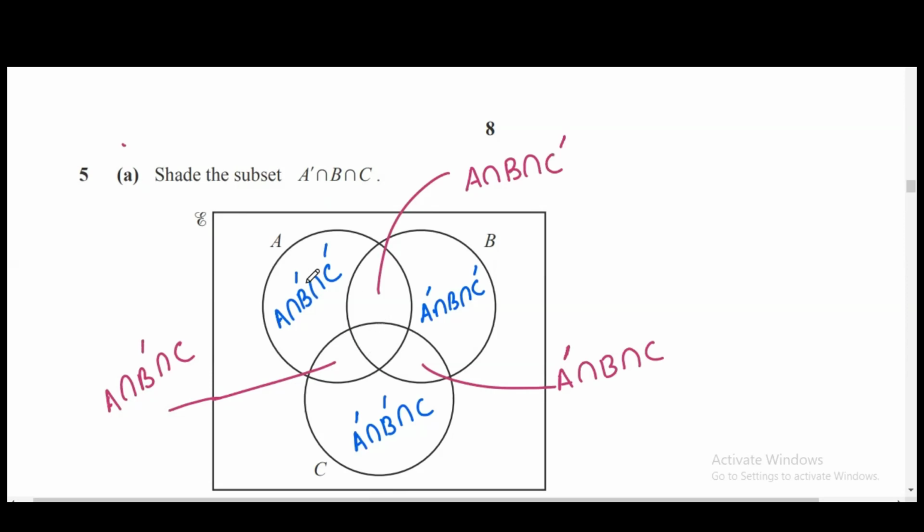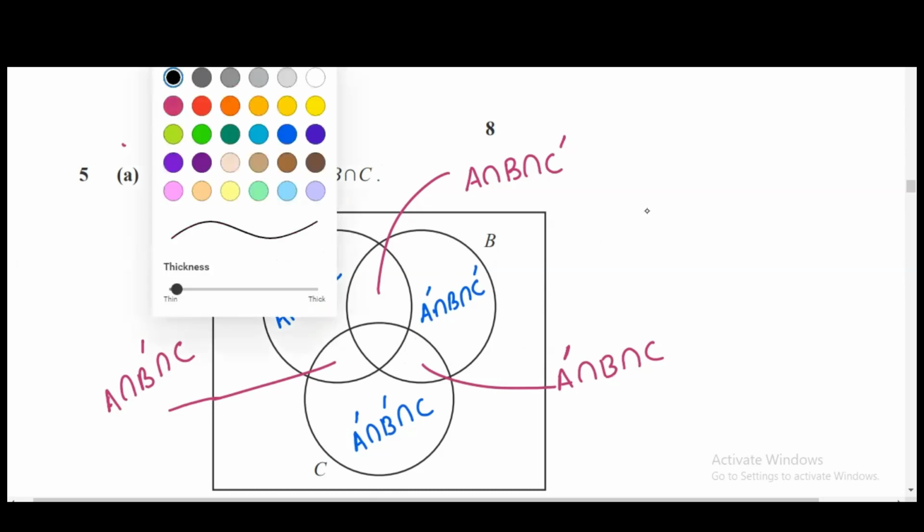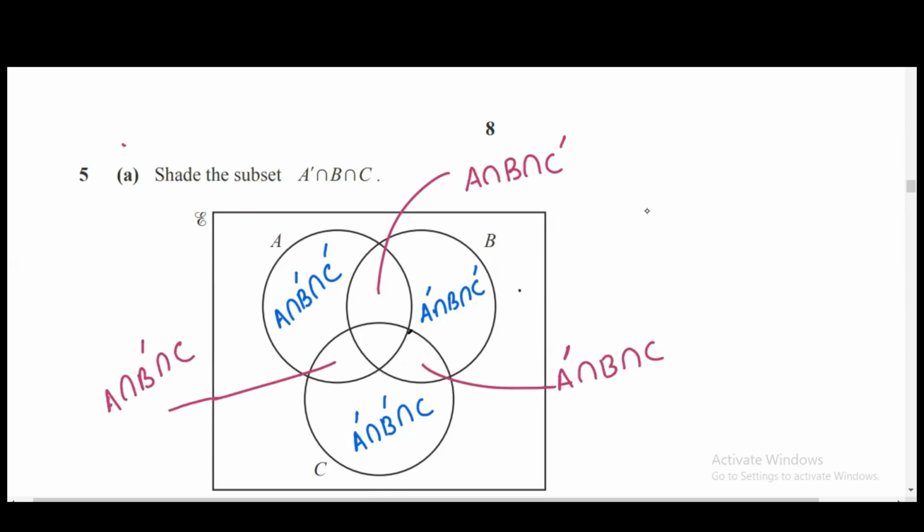So in this question, we have to shade the subset A complement intersection B intersection C. This is the region here, and we have to shade this region. This is our answer.